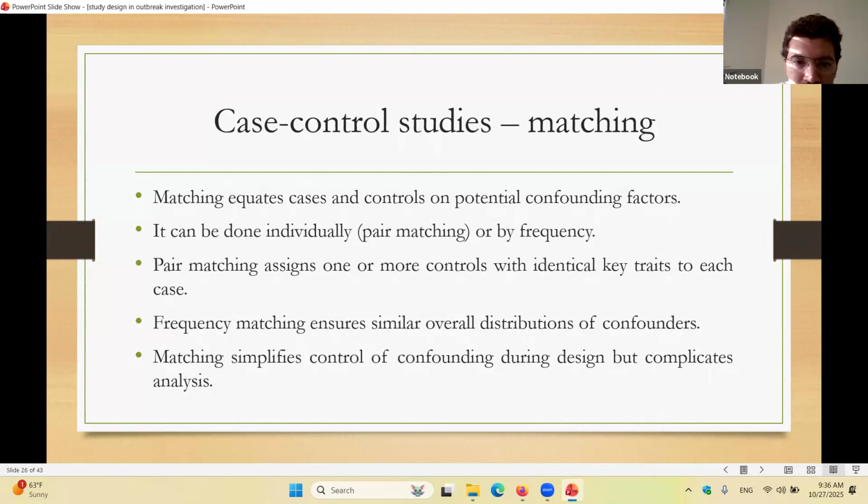Pair matching assigns one or more controls with identical key traits to each case. Frequency matching ensures similar overall distributions of confounders. Matching simplifies control of confounding during design, but complicates analysis.